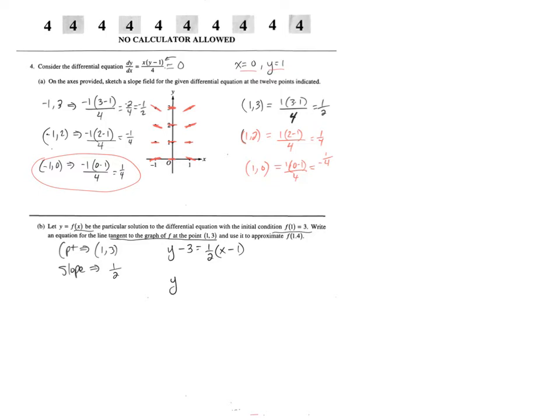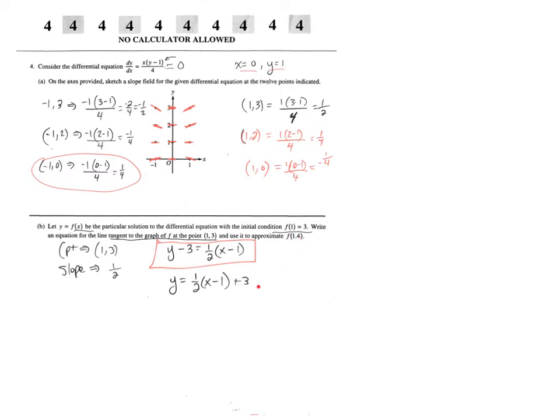Bring the 3 over to the other side: y equals 1/2 of (x minus 1) plus 3. So they would certainly accept this as the equation of a tangent line, but you notice here at the end they ask us to use the equation of a tangent line to approximate f of 1.4.